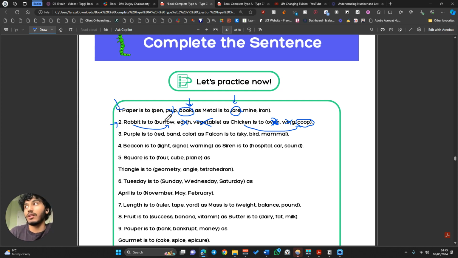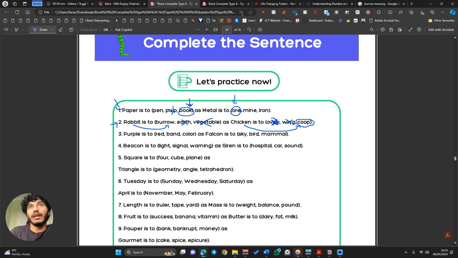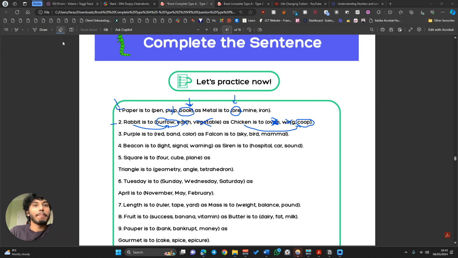You can use that as the definition. Yeah, here we go. So a burrow is a hole or a tunnel dug by a small animal. A rabbit can stay in a burrow, and that is why we're going to be left with burrow and coop. So rabbit is to burrow, as chicken is to coop. These are places where the animal stays inside.